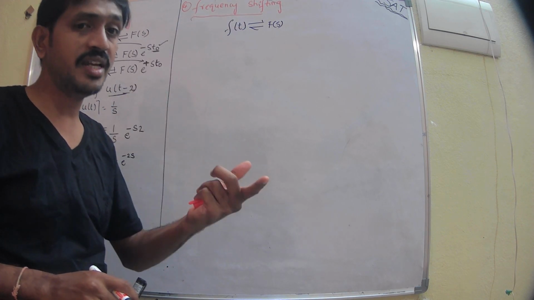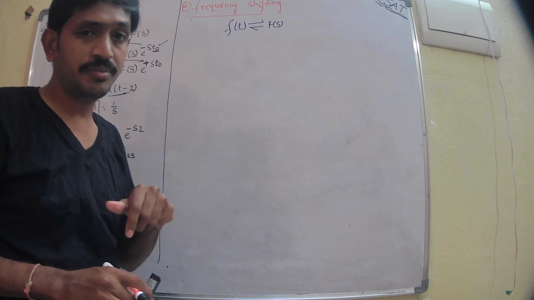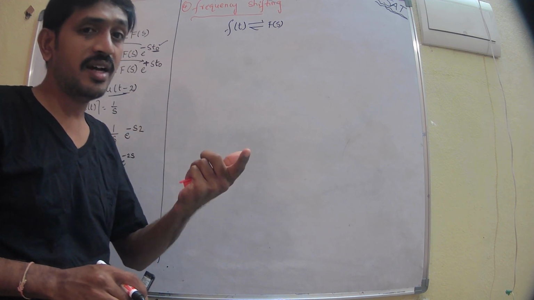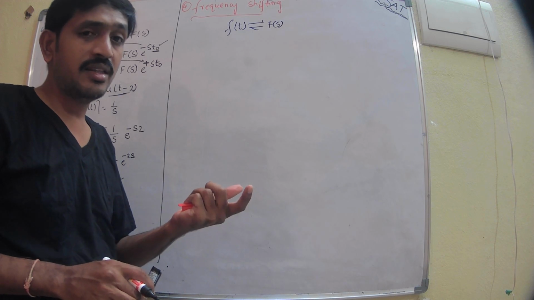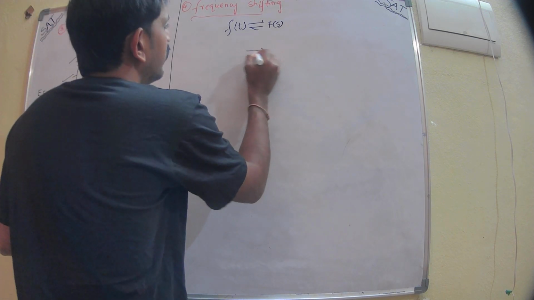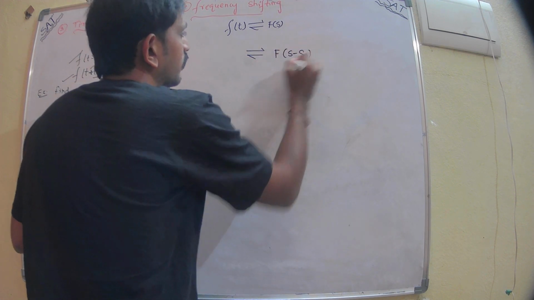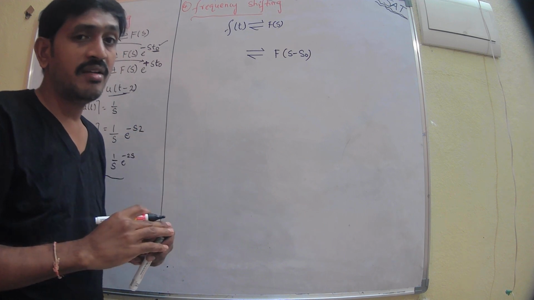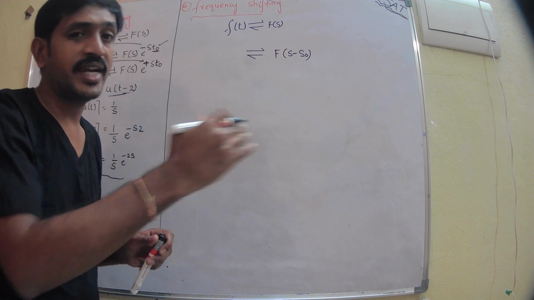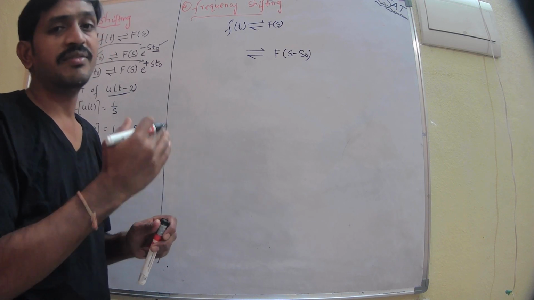So we can shift the frequency domain to the left and right, but we will have an exponential function in the time domain. You can write it like this: F of s minus s naught. So we can shift the s domain to the right side, and we can shift the s domain to the left side.